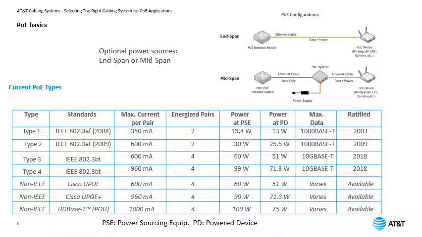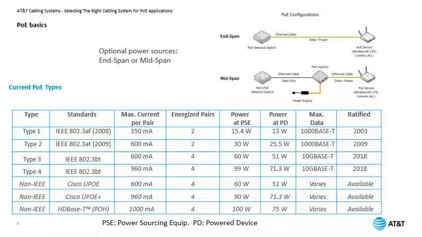Type 3 will deliver the same 600 milliampere, but will use 4 pairs instead of 2 pairs that used in type 1 and type 2. While type 4, which is what is known as POE++, it is delivering 960 milliampere for each pair.